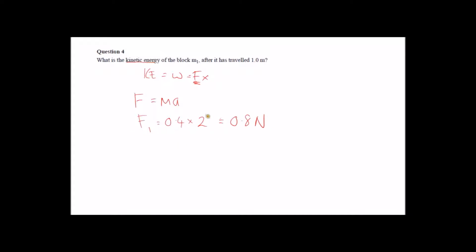Then to find the work done, we know 1 meter is our displacement. So the work done on 1 is going to be Fx, which is 0.8 times 1, so that's 0.8 joules. And this is equal to our kinetic energy.